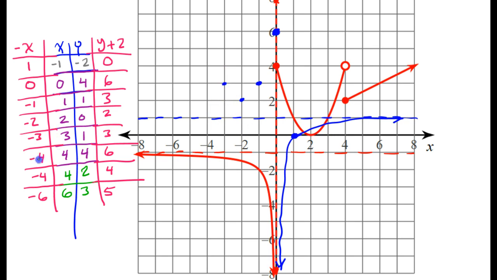And finally, negative 4, 6. And that one should be an open circle. Remember, there's a reflection over the y-axis, so everything is backwards. So there's my closed circle, and now here's my open circle. So I can see very well where my parabola is sitting. It's sitting right here.